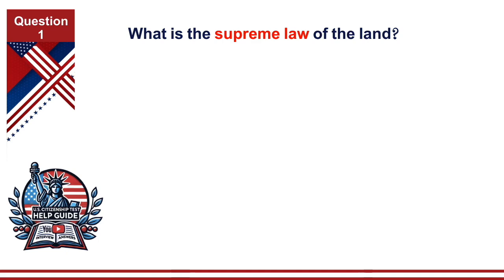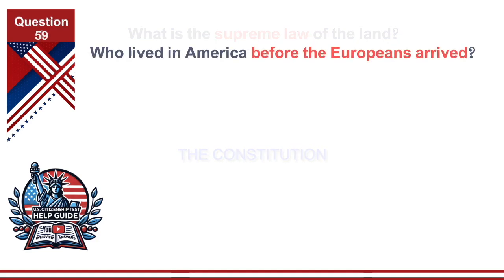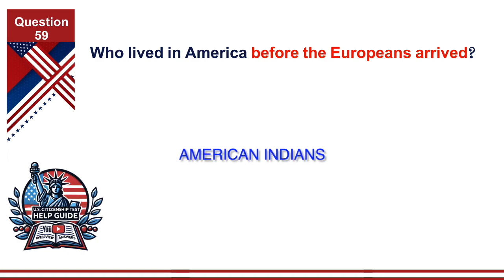What is the supreme law of the land? The Constitution. Who lived in America before the Europeans arrived? American Indians.